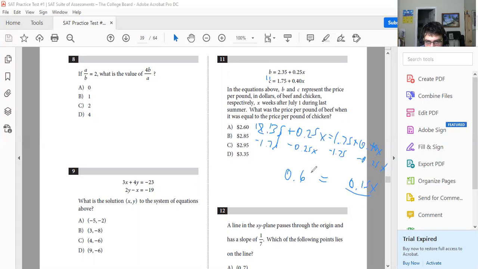If you don't like decimals, you can move it over before you divide, essentially multiplying both by 100. And we get 60 over 15, which is 4. 4 is not our answer, so what did we miss? 4 will be the number of weeks, which is our x. We need to plug it back in to get our price per pound of beef or chicken.